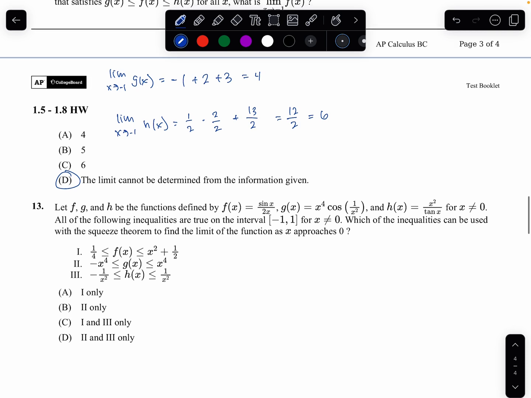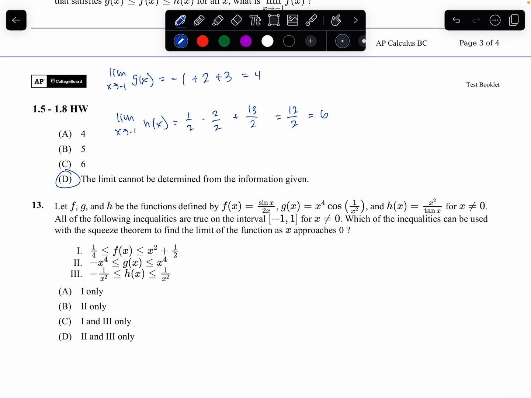Okay, let's try 13. For 13, I think we're also pretty much just trying to use the squeeze theorem. So let f and g and h be the functions defined given there. All of the following inequalities are true for the given interval.